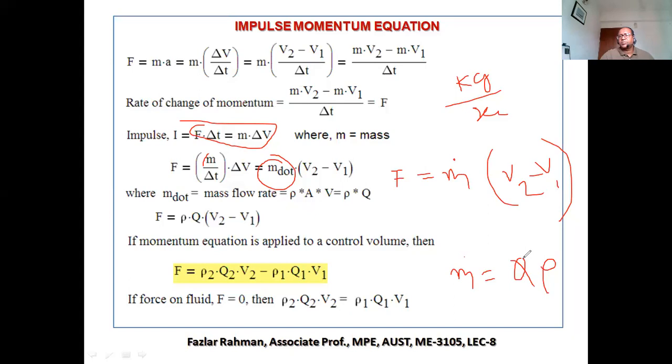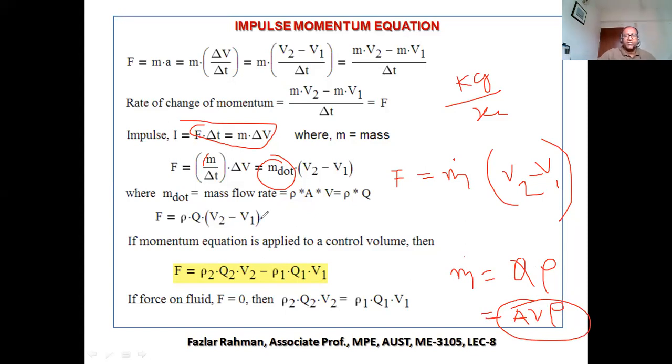Q is the flow rate in meter cube per second, and rho is in kg per meter cube. Multiply these two and you get the mass flow rate. And what is Q? Q equals area into V. So area into V into rho gives the mass flow rate. So this m dot we can replace with rho Q, and we get V2 minus V1.